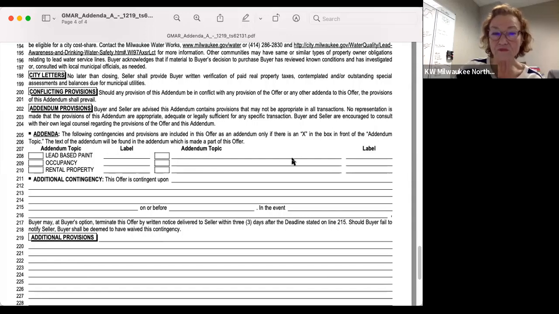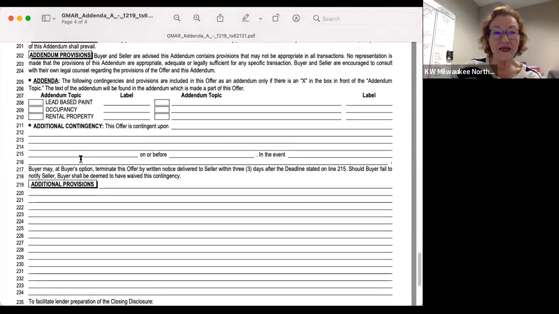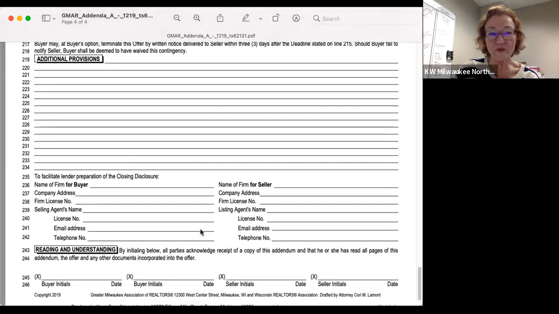So you put what it is and the label on it. And they give you a real setup for a complete contingency. If you want to write a contingency, they give you a lot of lines for additional provisions.